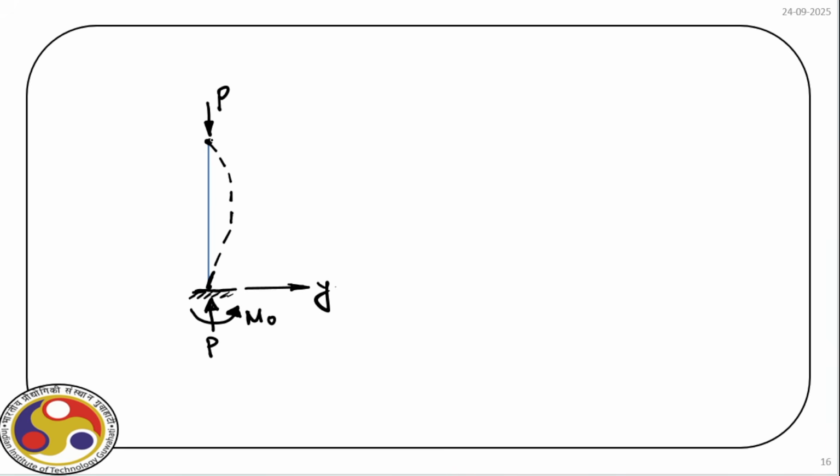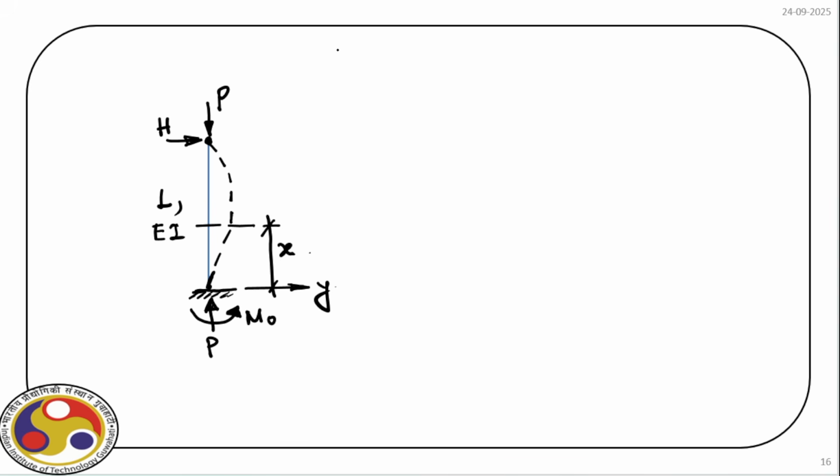Now obviously if we need to balance this moment, we must have a horizontal force here, and let this horizontal force be h. Okay. Now again, let us consider a section at a distance x from the bottom. And again, we have the length of the column L and EI is also given.